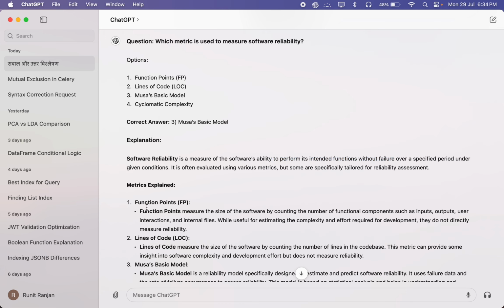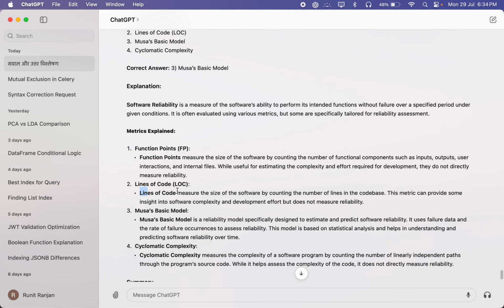Function point measures the size of the software by counting the number of functional components such as inputs, outputs, user interactions, and internal files. This is for estimating the complexity and effort required for development. They do not directly measure reliability.